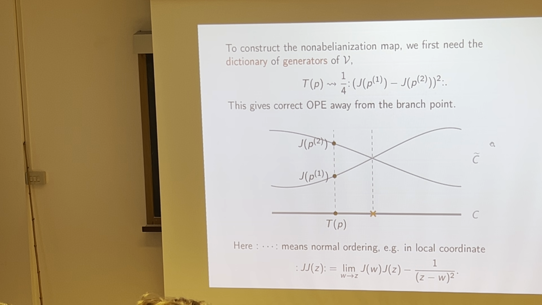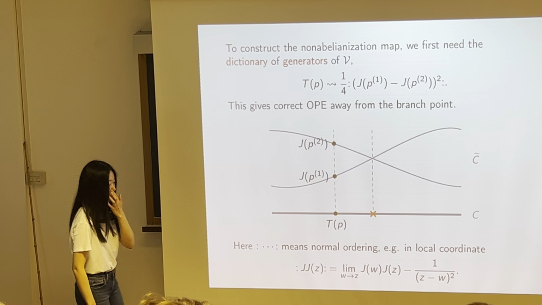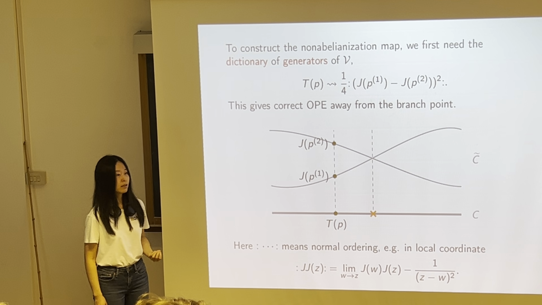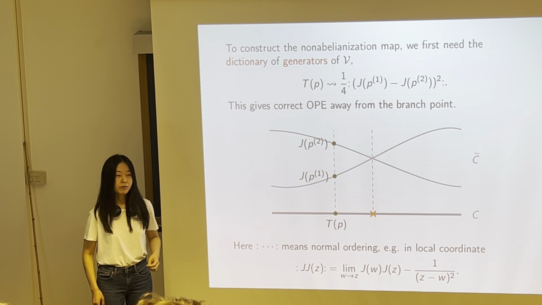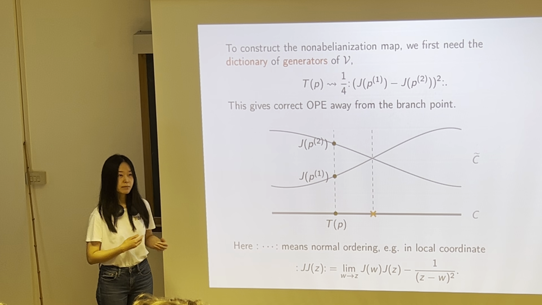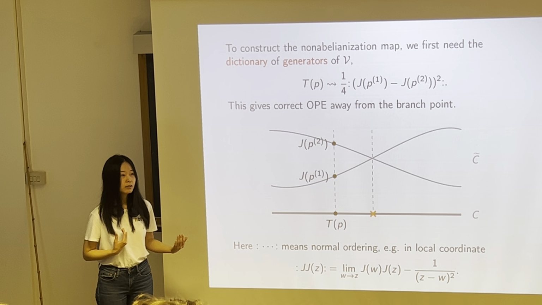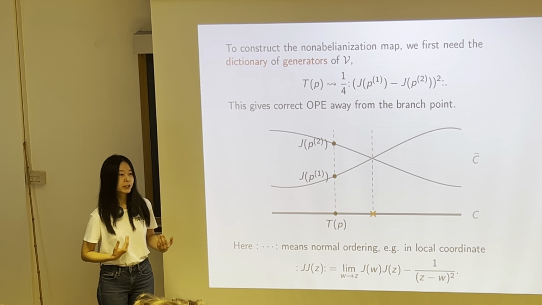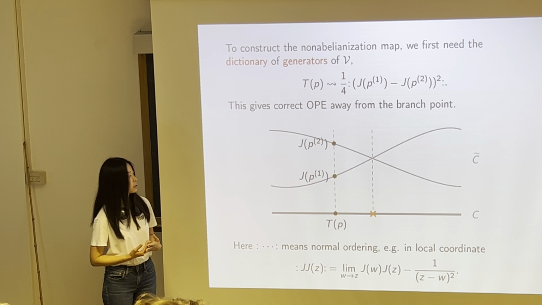Okay, so now I want to start constructing this non-Abelianization map. So first, recall that in the definition of conformal blocks, we require the insertions of the generators for the vertex algebras. So in order to make this map, the first thing I need to tell you is the dictionary between generators. And here is what we are doing.